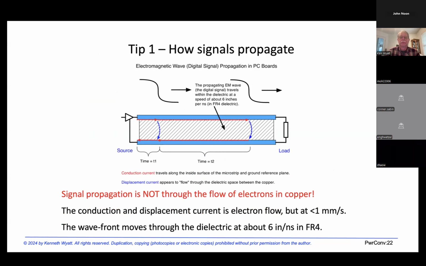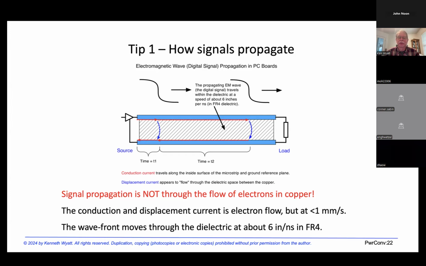So here's maybe a little better diagram. It's a cross section of a signal trace and a return plane. And as the wave propagates from left to right within the dielectric space, the conduction current in red and the displacement current in blue will return back to the source, but at a very slow rate.